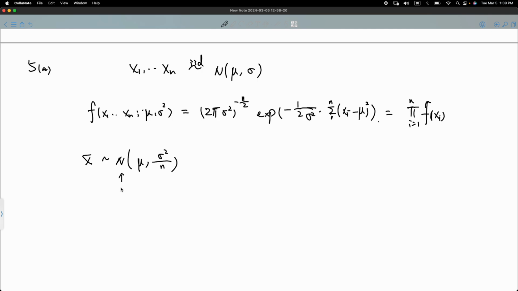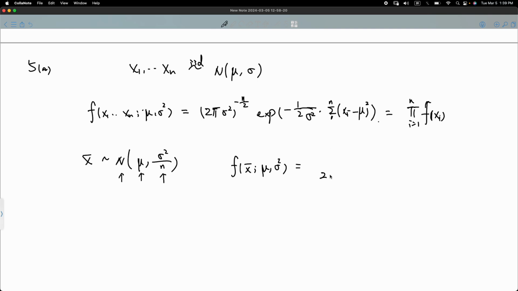So we know it's normal, we know it's centered around mu, and we also know the variance. So we can also write the f of x bar, which is also parameterized by mu and sigma square.